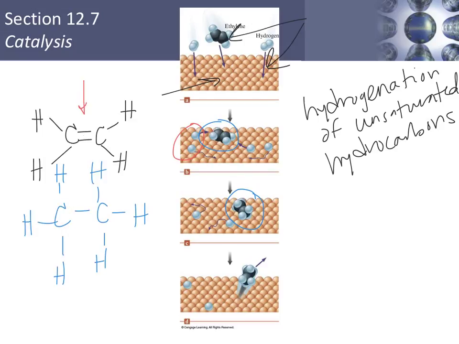The pi bond is gone, and now we've got 2 additional hydrogens bonded to the carbons. This is now called ethane. In letter D, the carbon atoms are no longer bonded to the metal surface, and the ethane molecule escapes. There are some other examples of heterogeneous catalysis that you can read about in your textbook in Section 7.